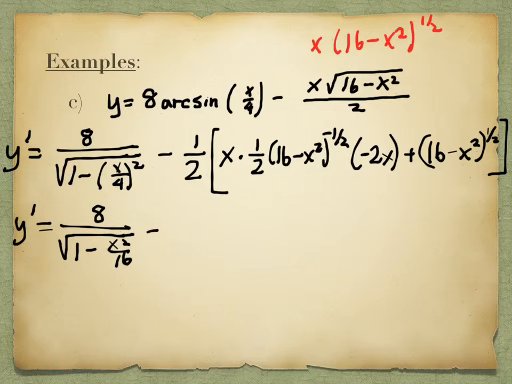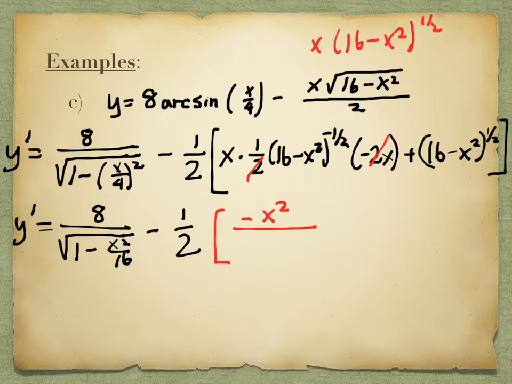Let's take a look at what's over here. I've got this 1/2. This 2 and this 2, those can reduce, right? And then I can combine the other two x's to give me x squared, and it's negative because of the negative 2x. So this is actually negative x squared. And then that negative exponent is actually just a denominator waiting to happen, right?